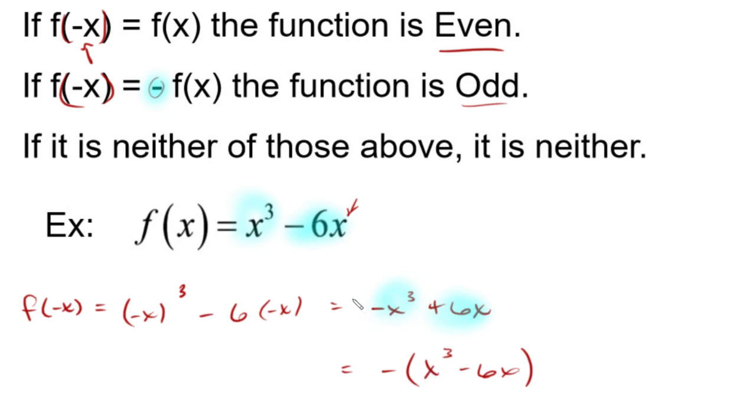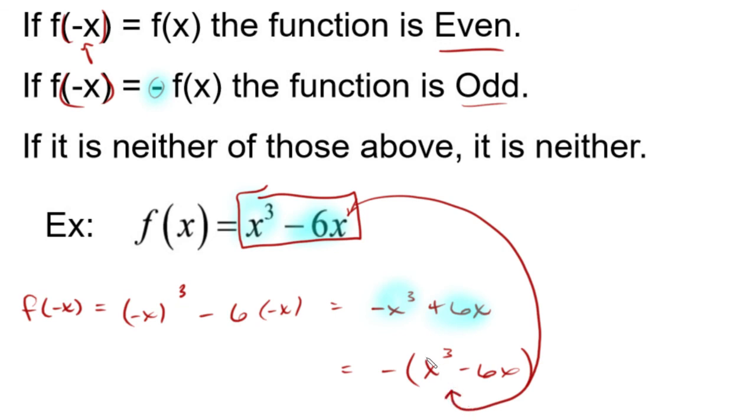So if you look, this is f of x, x cubed minus 6x. Well, look at that. X cubed minus 6x, but there's a negative sign out front. So this is correct. It is a negative times f of x, a negative times f of x. That means the function is odd.